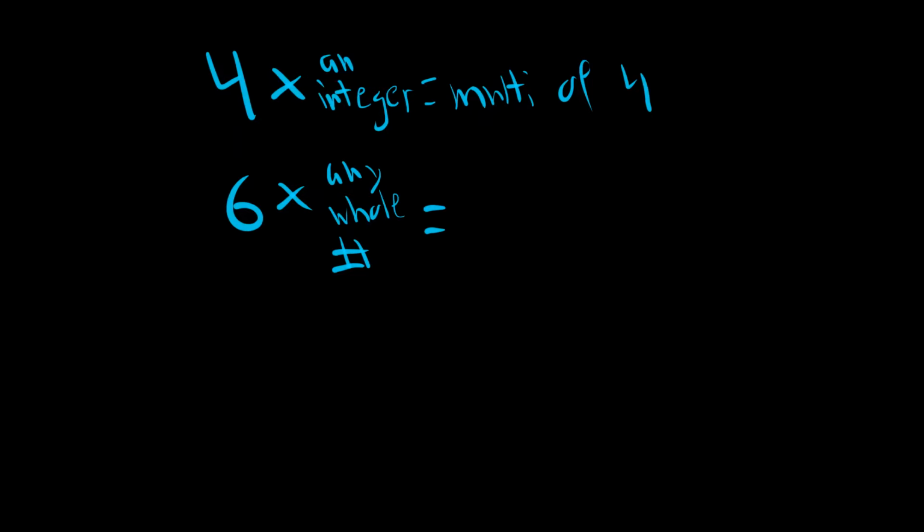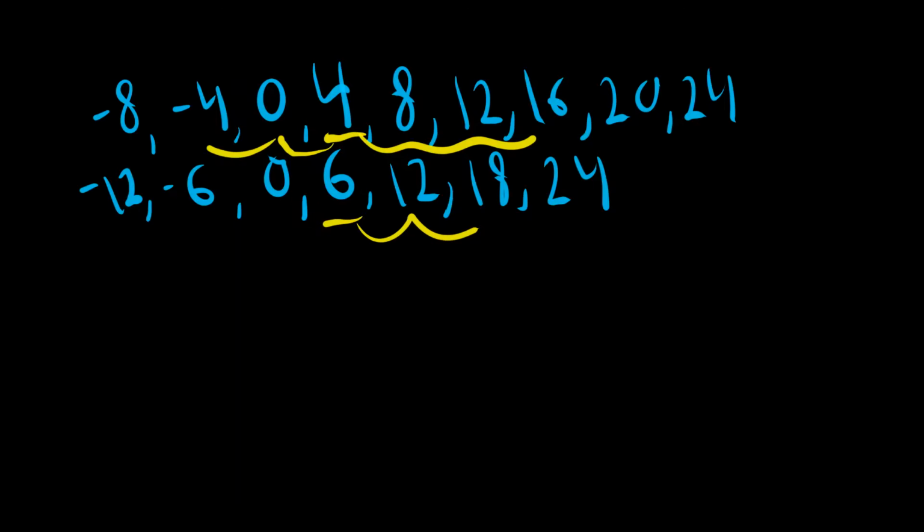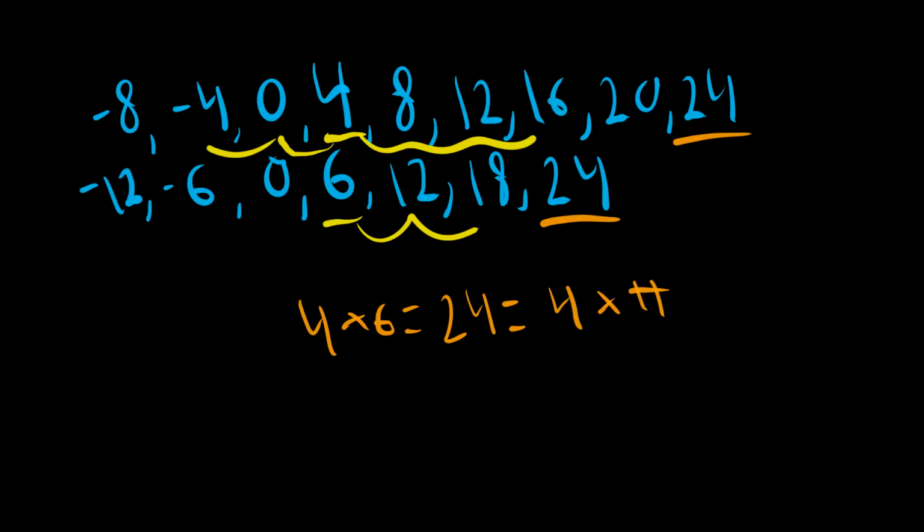Now, as you see, while we were comparing the multiples of 4 and 6, we can also see that 4 and 6 share some common multiples, such as 24, because 4 times 6 is equal to 24, and 24 is a multiple of 4, and 24 is a multiple of 6.